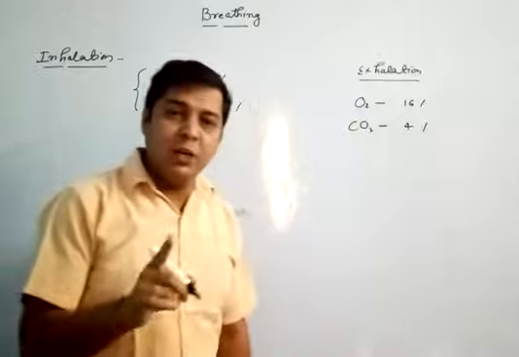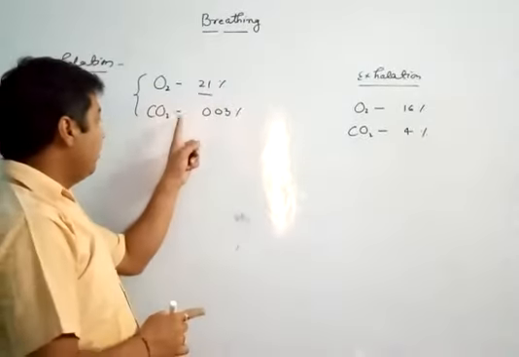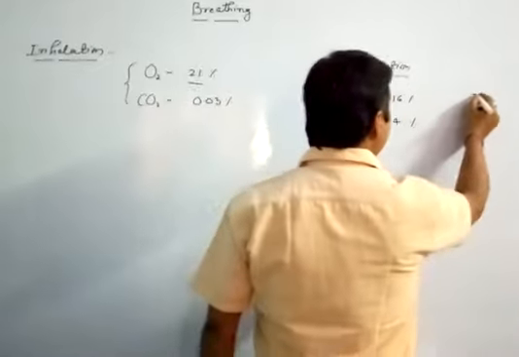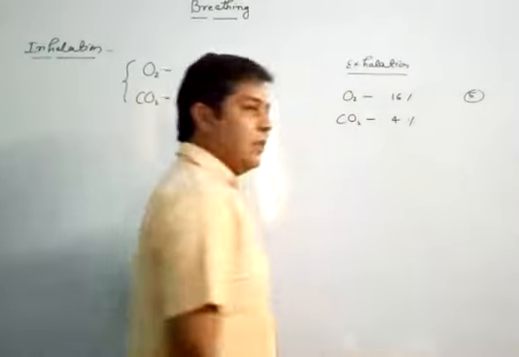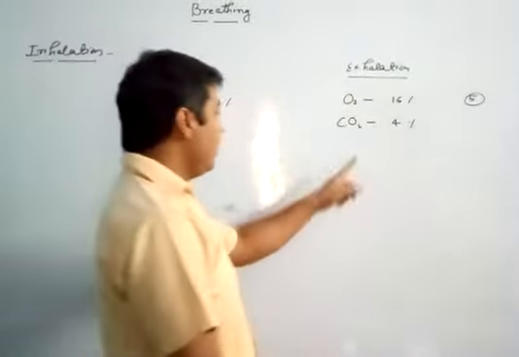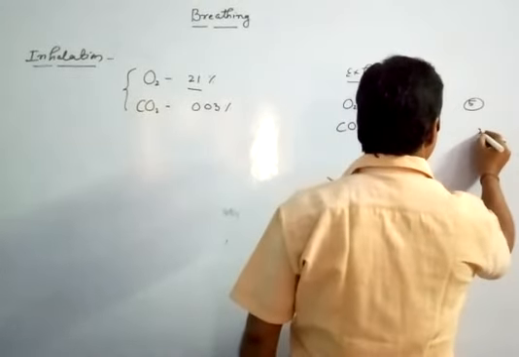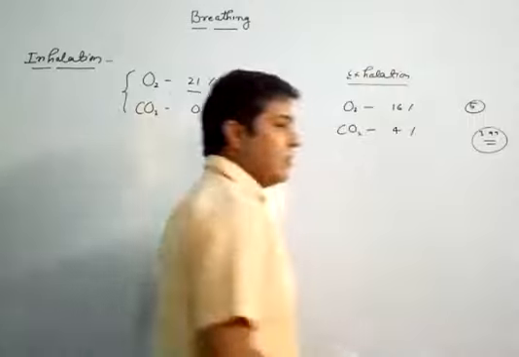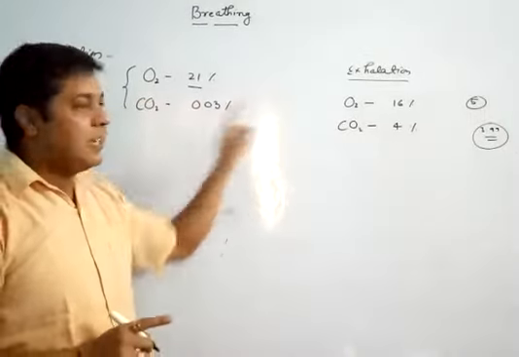Try to find the differences between this data and this data. There is a difference of almost 5% of oxygen, and here we find a difference of approximately 3.99 for carbon dioxide.